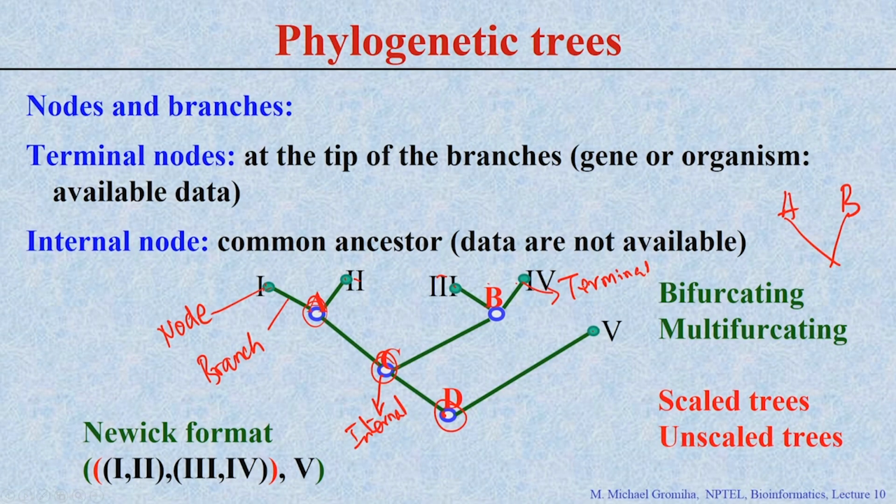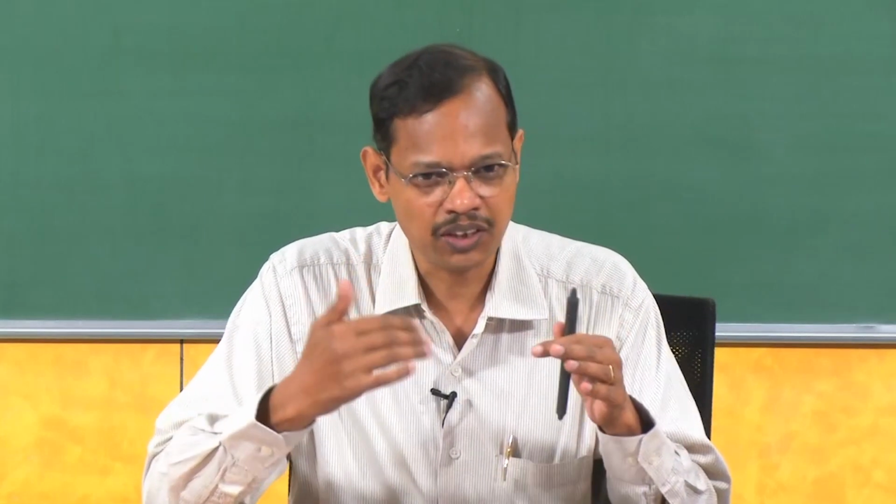Then which 2 are common and which 2 emerged in a specific period of time, that we do not know. So, when you make this type of tree, you can try to understand which organisms are close to each other and which organism emerges first and how long it takes to have the next one and so on.